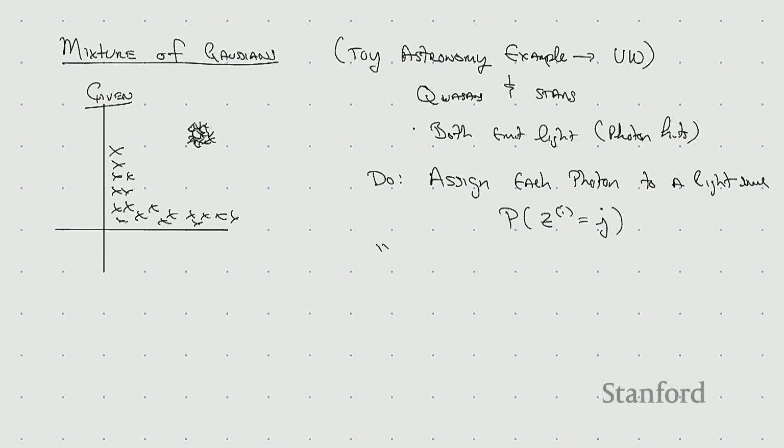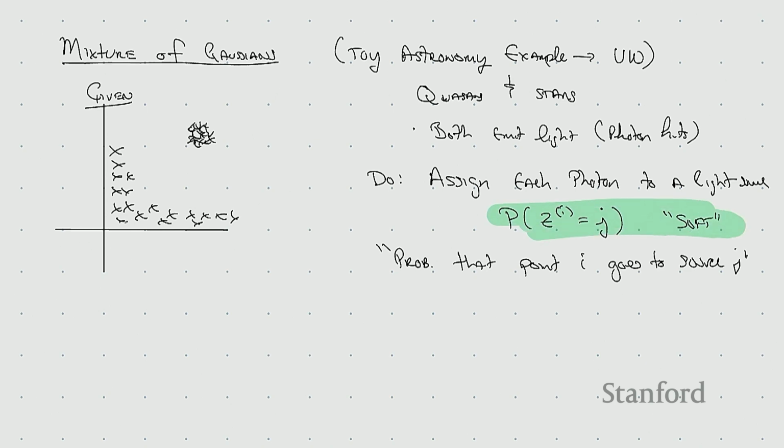So this is the probability that point i goes to source j. And this is our soft assignment. Why is it soft? Because remember in K-means, we said you must be in this cluster. Here we have some probability distribution over it. Okay? All right, so just compare that with K-means.